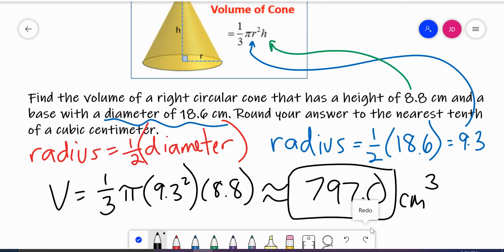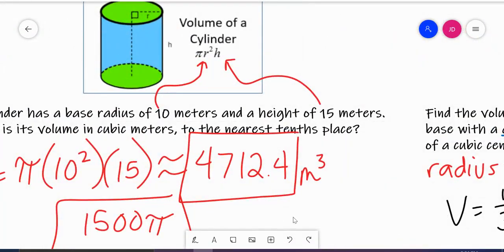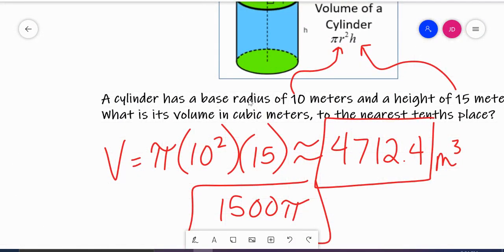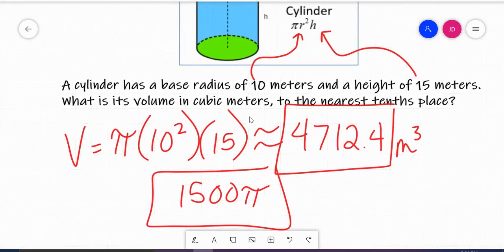It's really important that you first of all know radius is half the diameter. Once you find the radius, then you can plug it into the formula. Same thing goes for the cylinder problem over here. If they gave you a diameter of 10, you would have to cut it in half and make this 5 instead of 10. So be careful when you're doing that.